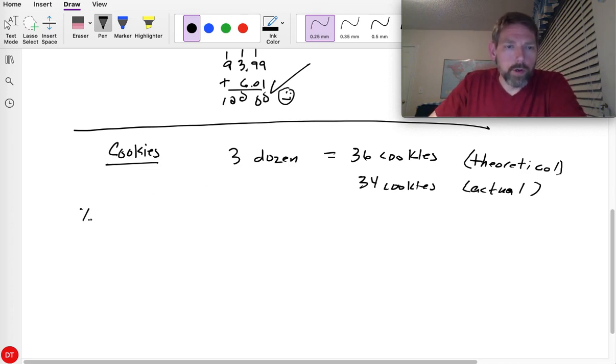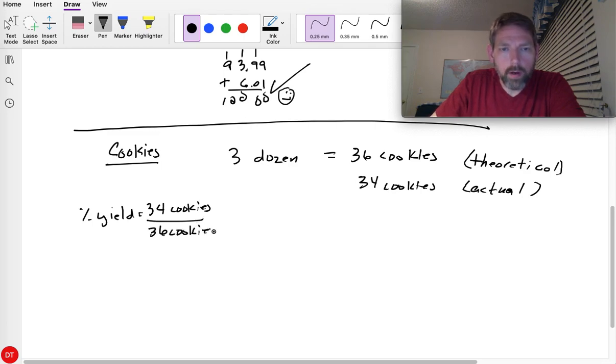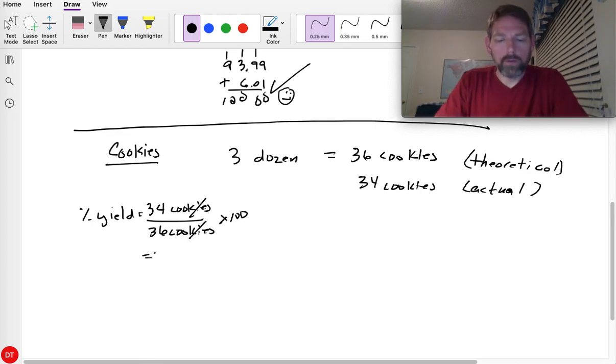So what's your percent yield? Well, your actual amount, 34 cookies over 36 cookies times 100, cookies cancels out, right? So 34 divided by 36 times 100, 94.44, right?